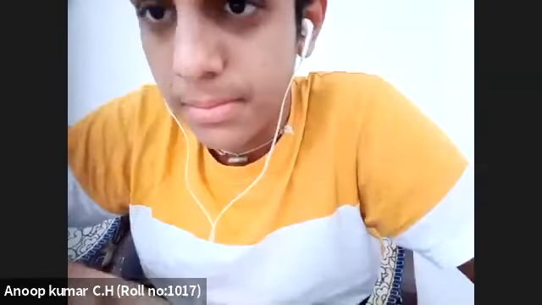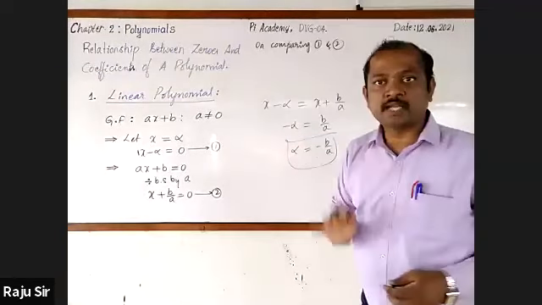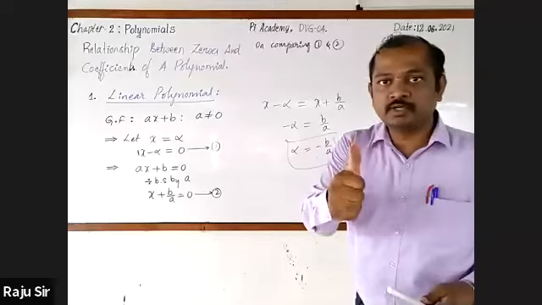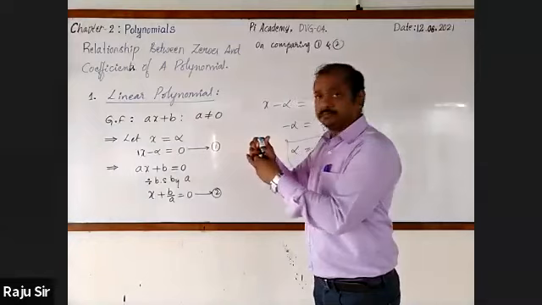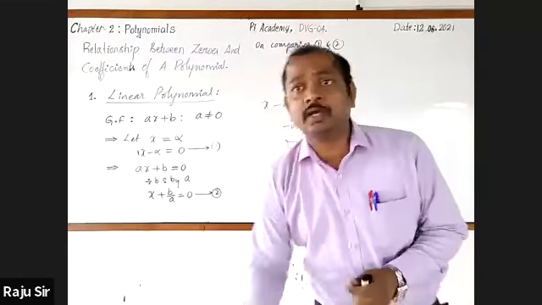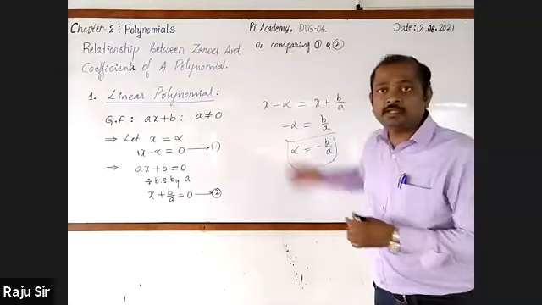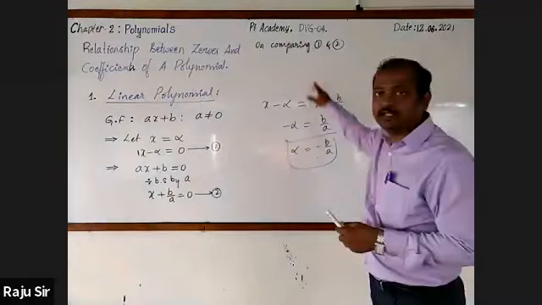Then alpha is equal to minus b by a. Did you understand? Sir, understood? How the minus symbol transferred? Repeatedly, I've been telling that these steps are not necessary. Only to make you have good knowledge about getting the relationship between zeros and coefficients, I've been giving these steps.